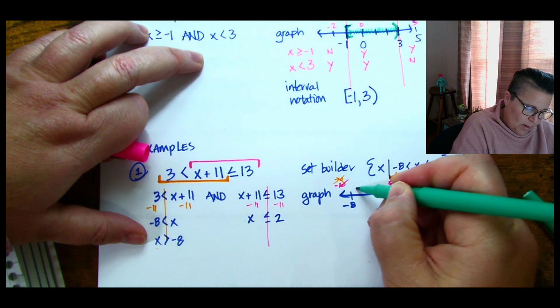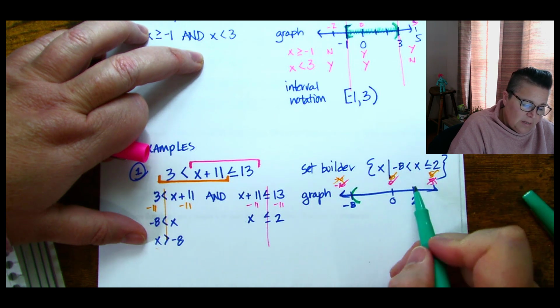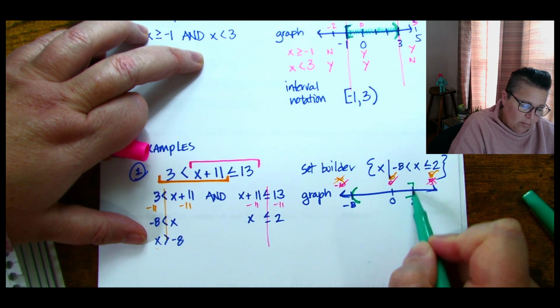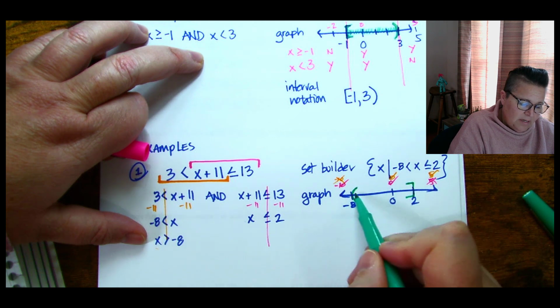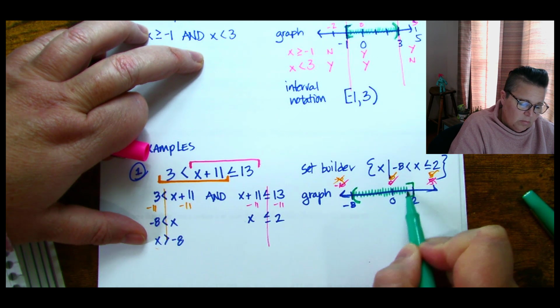So I'll need the rounded parentheses there because it's not equal to. The 2 is equal to, so I can use the square brackets on that. And our tests show all numbers in between will work.